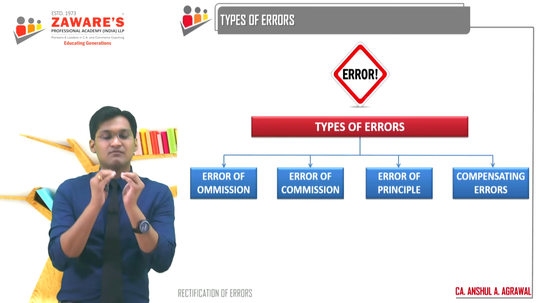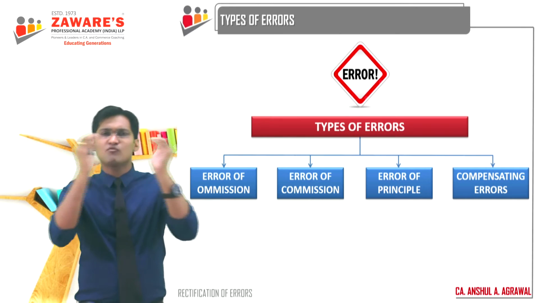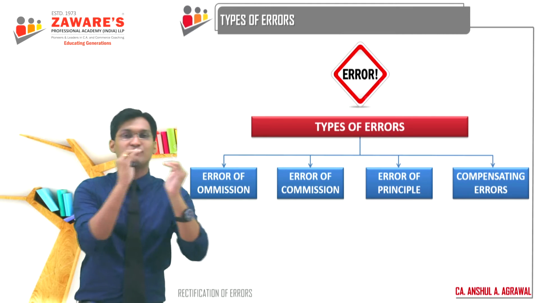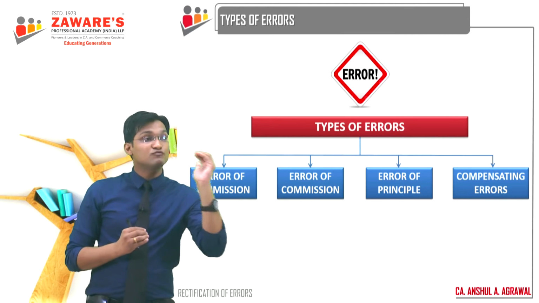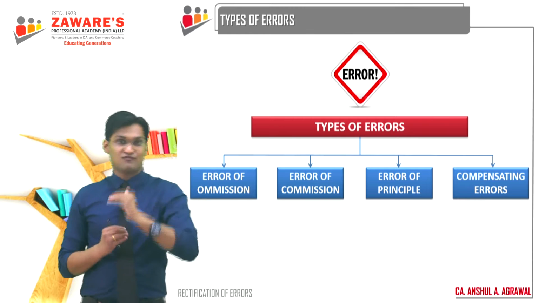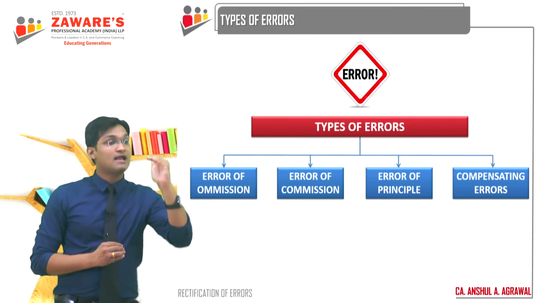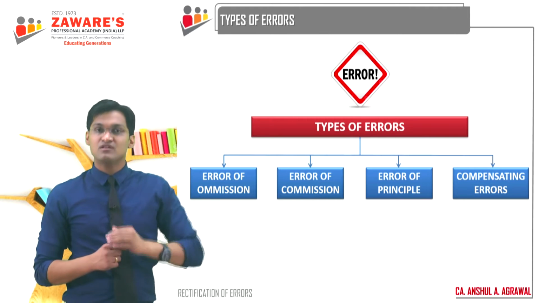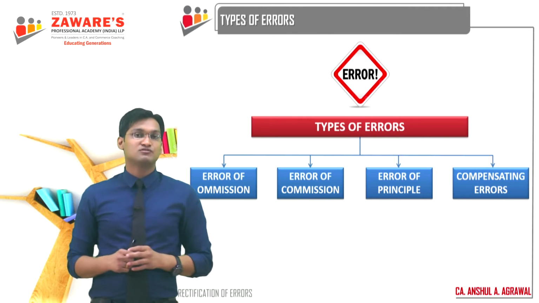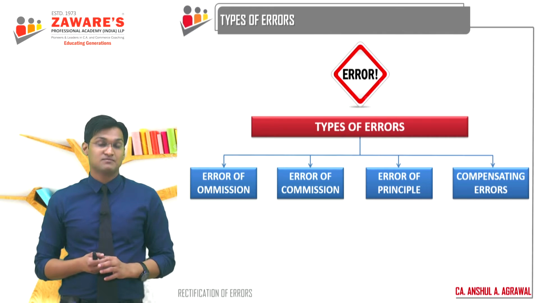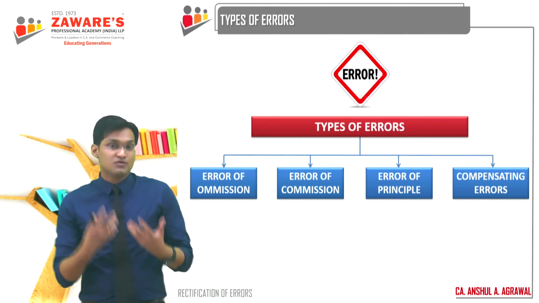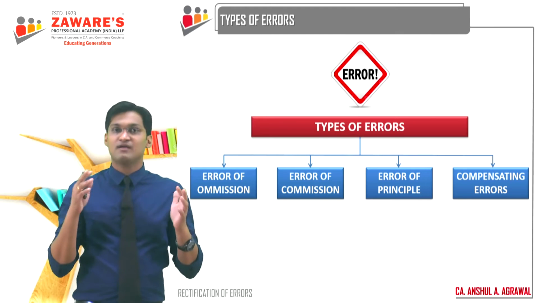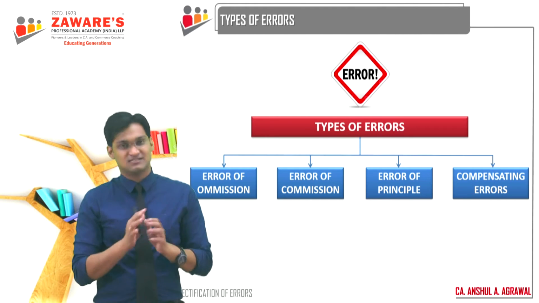Because when we have seen that with just one example, there are so many types of errors possible. If we need to understand treatment of each type of error, we need to first understand the nature of error. And in order to understand that nature of error, we need to classify them. We need to categorize them. We need to divide them into various types. Correct? So here we are going to understand all the four types of errors properly and systematically.